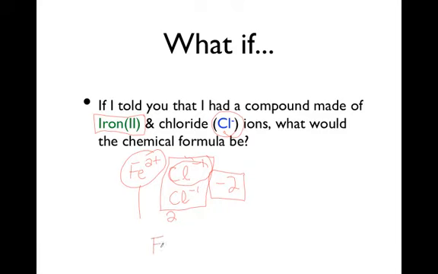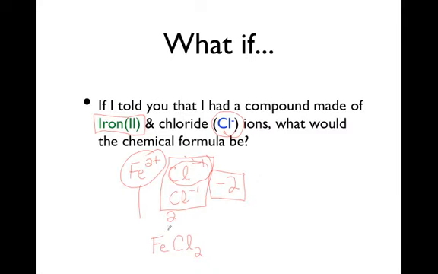You would write Fe, and then you would write the symbol for chlorine, Cl, and you would put a subscript with the number 2 here. This subscript basically means that there are 2 chlorines attached to a single iron. If there's only one of these, you don't bother to write the number 1. You just leave it by itself here.